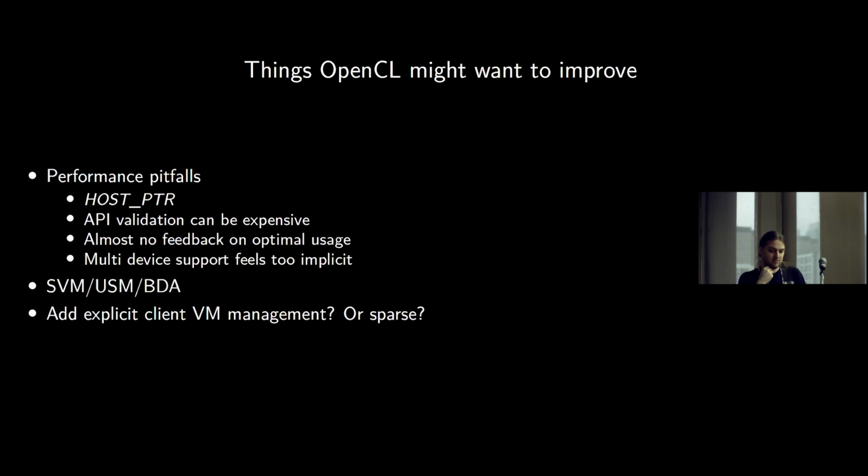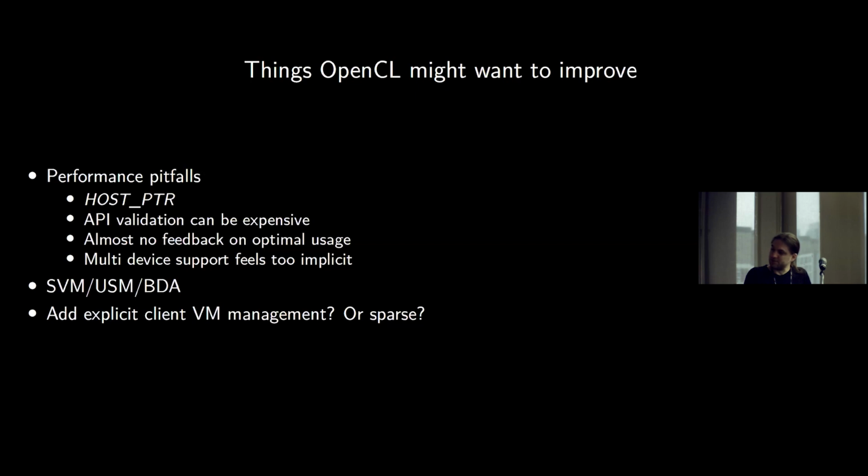OpenCL could say, okay, maybe you have to have some base alignment. You have to align your pointer before you're able to use it. API validation can also be quite expensive, especially for desktop applications.